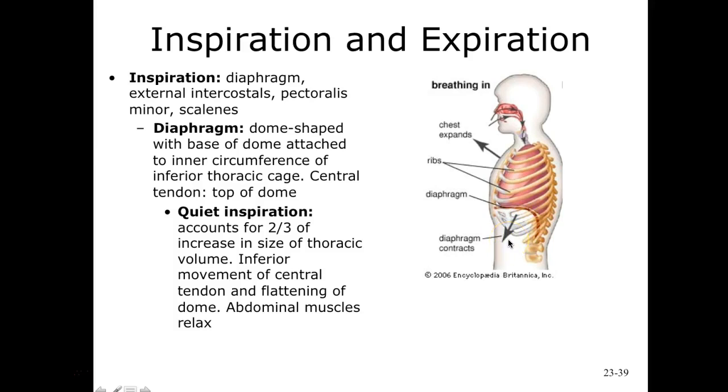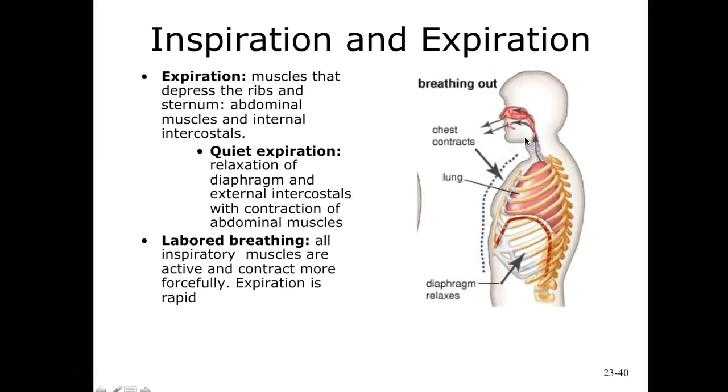And then we can also relax our abdominal muscles. Other muscles that are going to assist with this are the external intercostals, and we'll take a look at that in a moment. We can also use the pectoralis minor and the scalene muscles of the neck that would be in this region here.